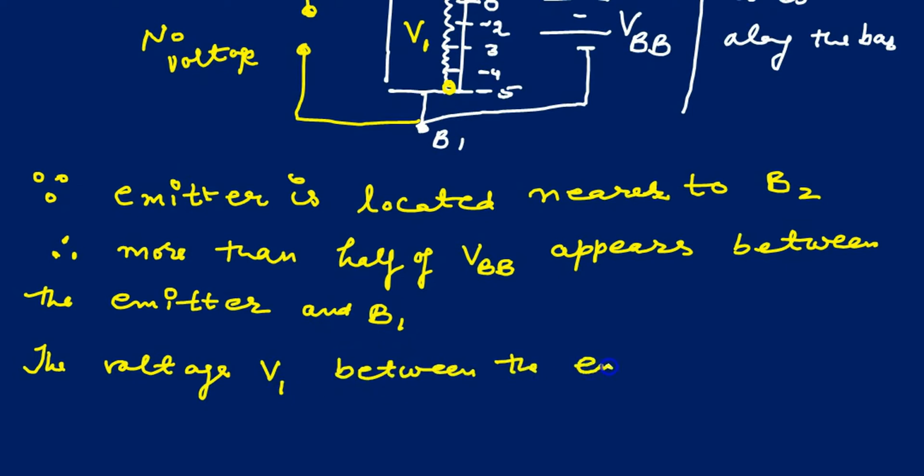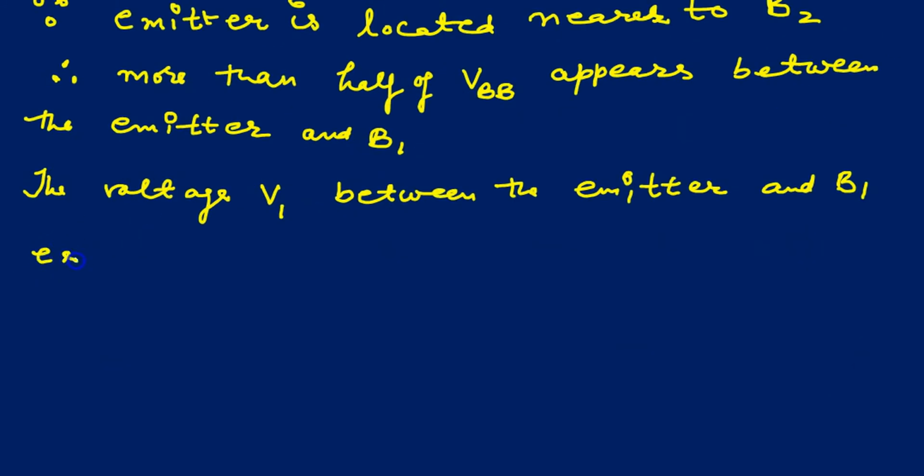The voltage V1 is between the diode and B1, and this V1 makes the diode reverse biased.